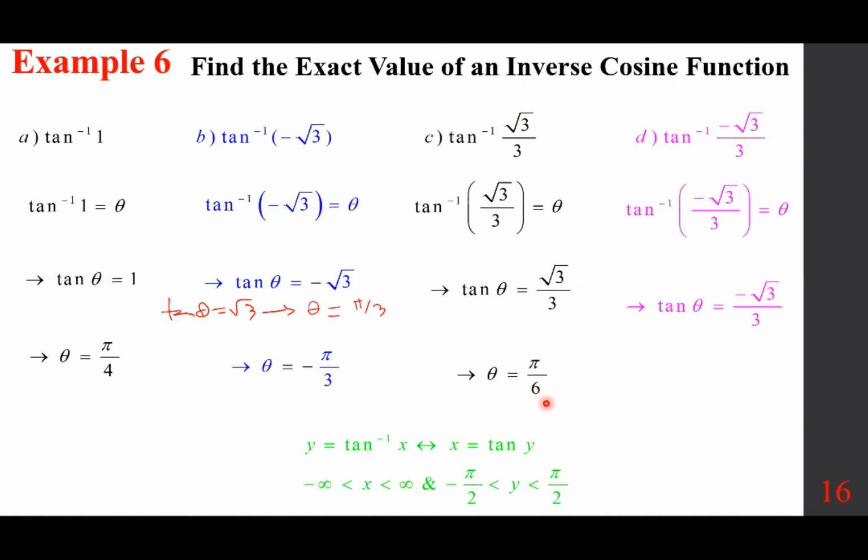And because we go from negative to positive pi over 2, then the answer to this one is negative pi over 6. So it's really a good idea to look at this column and this column simultaneously. When this gives you pi over 6, you can clearly see why this is negative pi over 6.